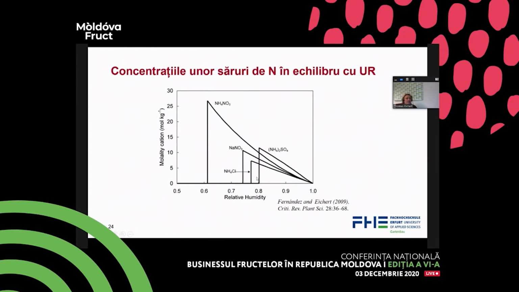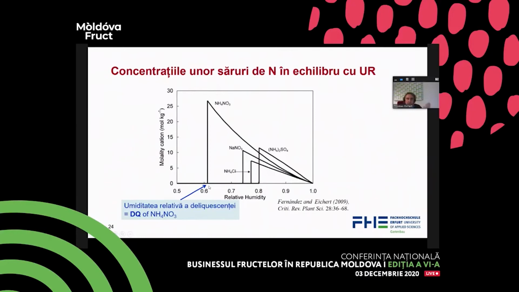Every salt has its distinct deliquescence point. This can be seen here in this graph. We see here the concentration of these nitrogen salts as a function of relative humidity, in equilibrium with this humidity. And you can see here, just as an example, that the deliquescence point of ammonium nitrate is just about 60%.